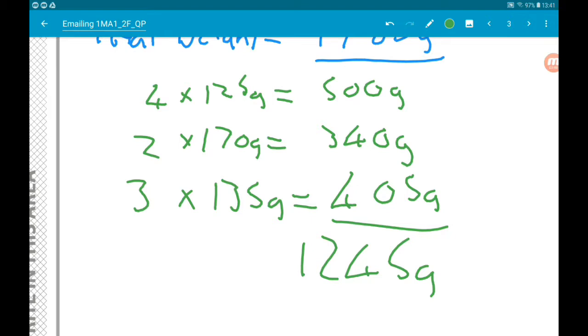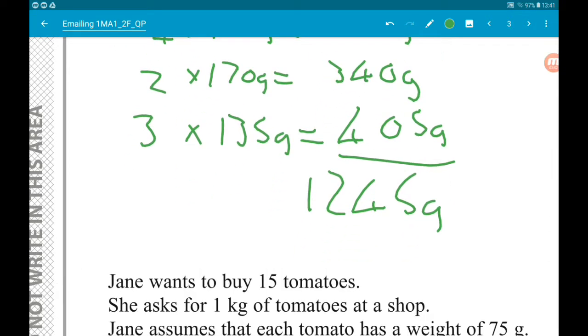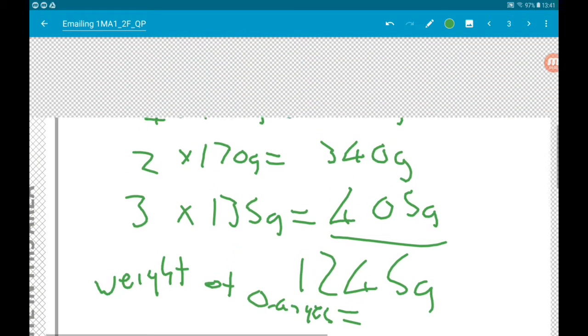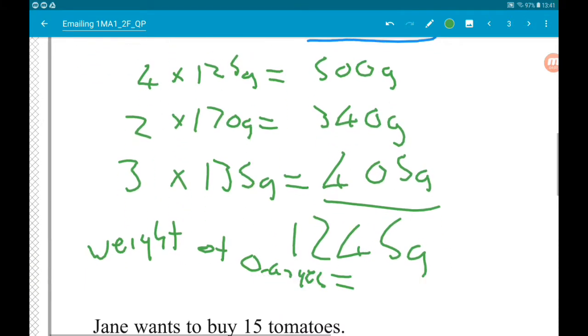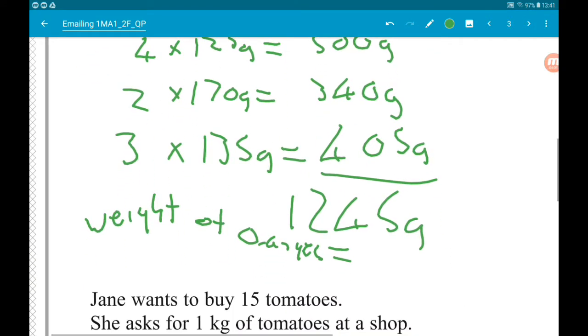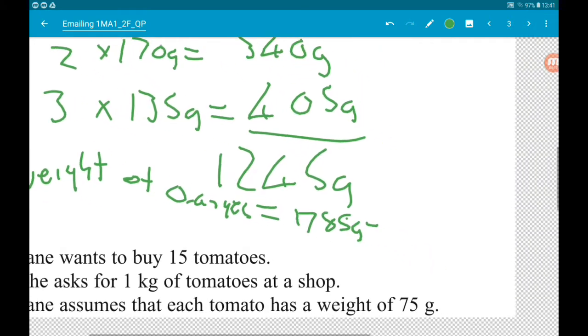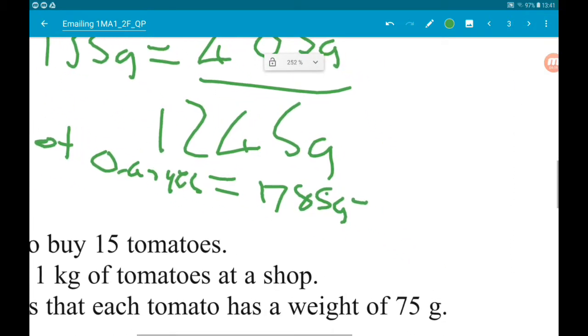So the weight of oranges is 1,785 minus 1,245.